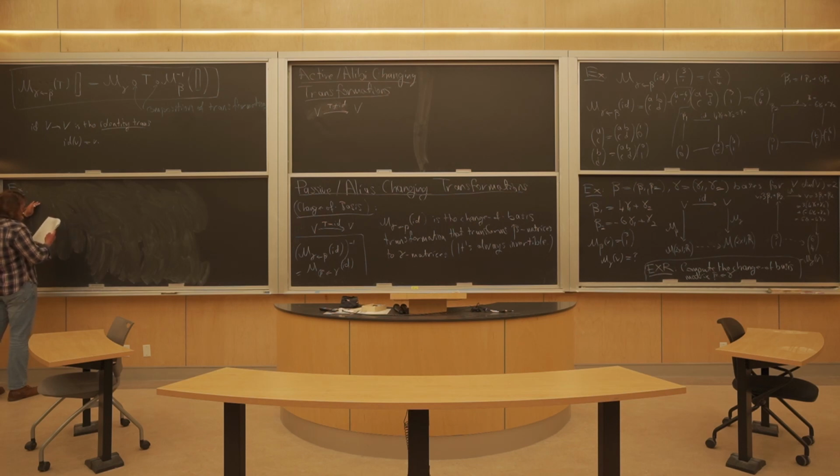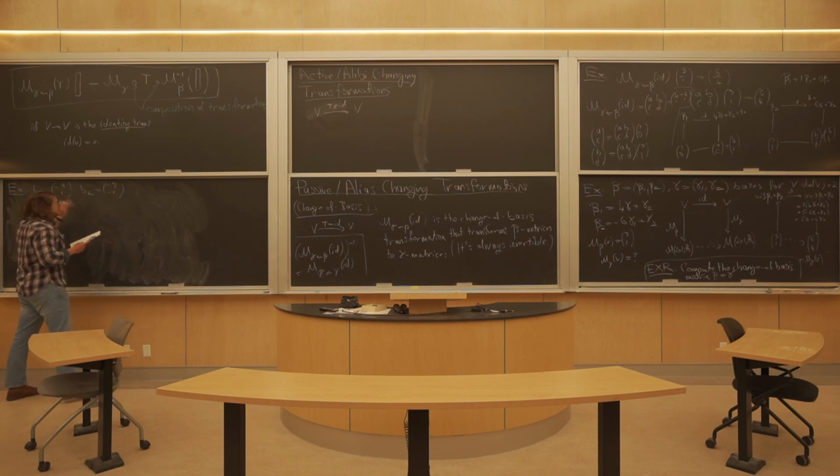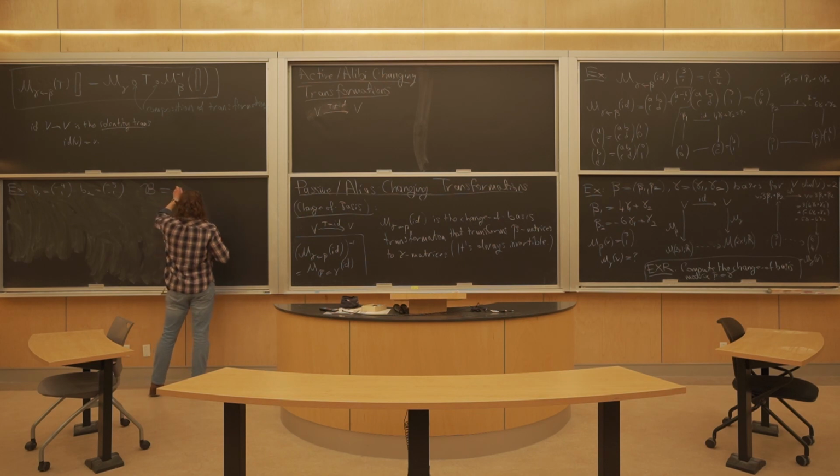I'm going to change letters because that's what they use in this book for now. So B1 is going to be -9, 1. B2 is -5, -1. And curly B is B1, B2.